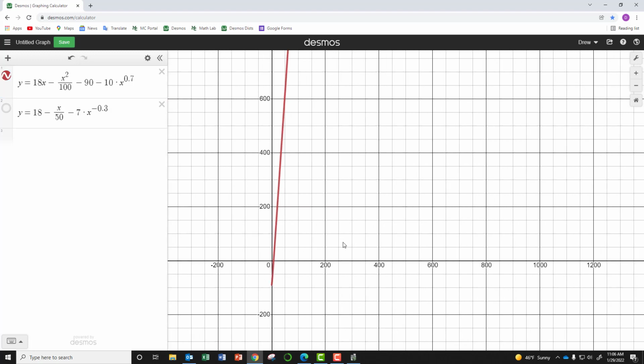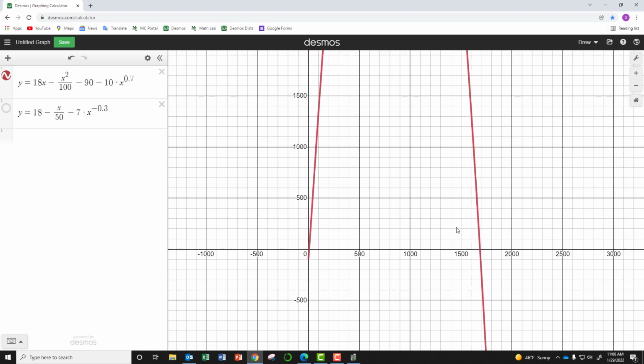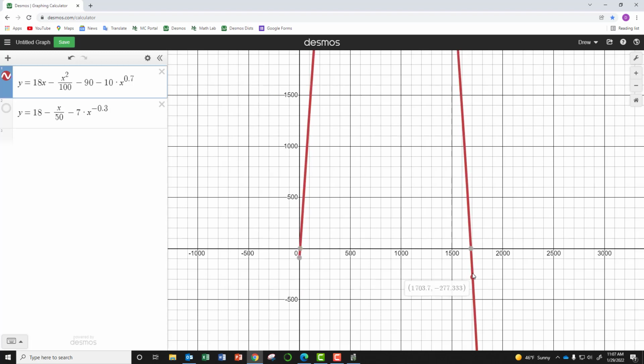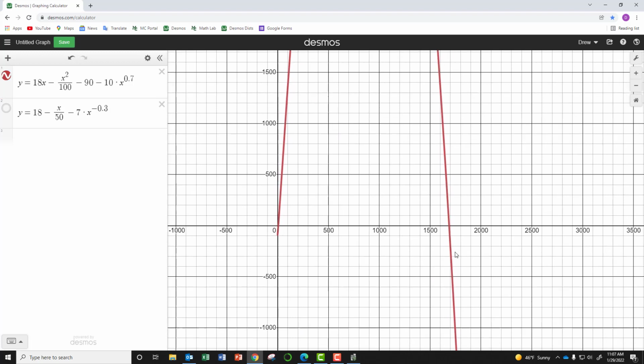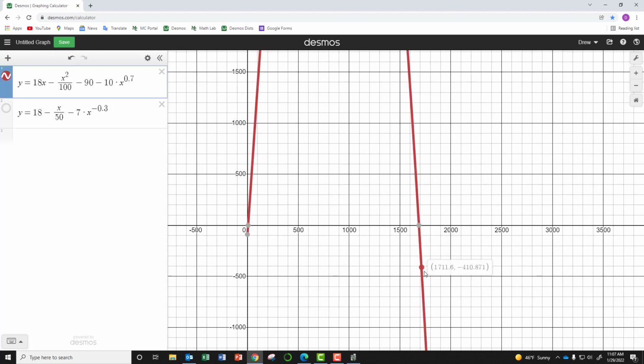And then if I want to sell a lot of candles, like if I want to sell more than 1,687 candles, then I'm actually going to be losing money again. And we might think about why that is, and it's a little bit complicated of an answer. But if you want to sell this many candles, to generate enough interest among the people at the farmer's market, if you want them to buy more than this many candles, you would have to keep lowering your price.